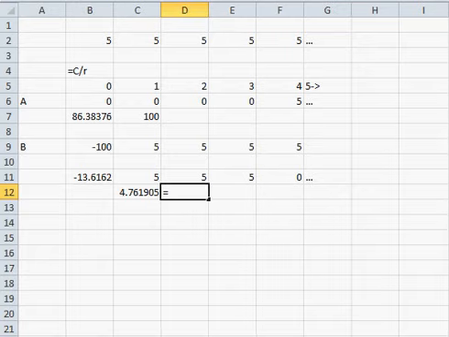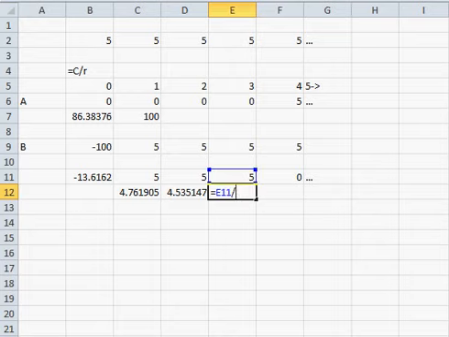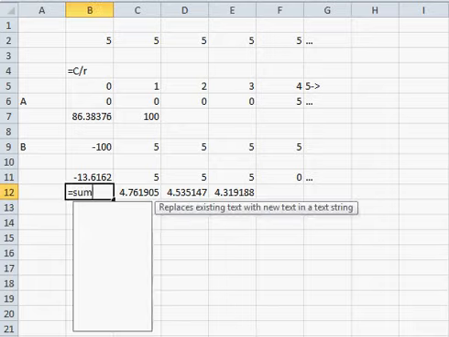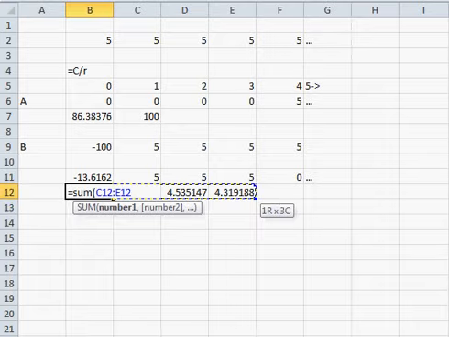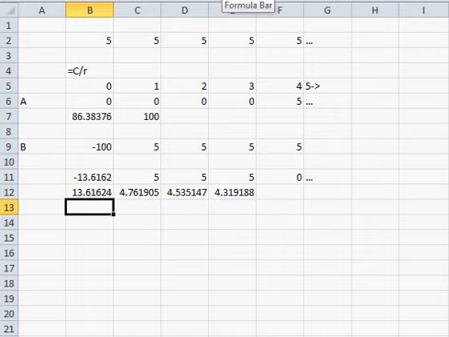And if we do this the long way, I can take this, divide by 1.05 squared, and I can do this, divided by 1.05 cubed, and then add those up. I get the same number.